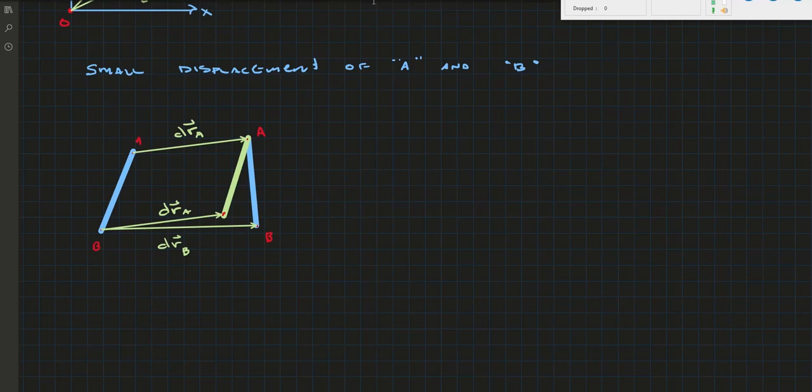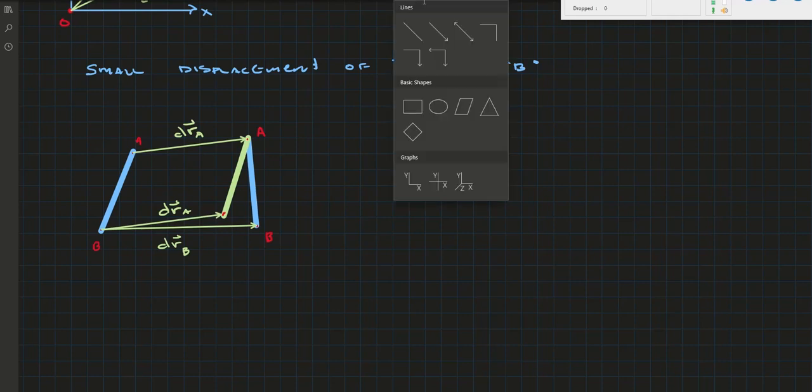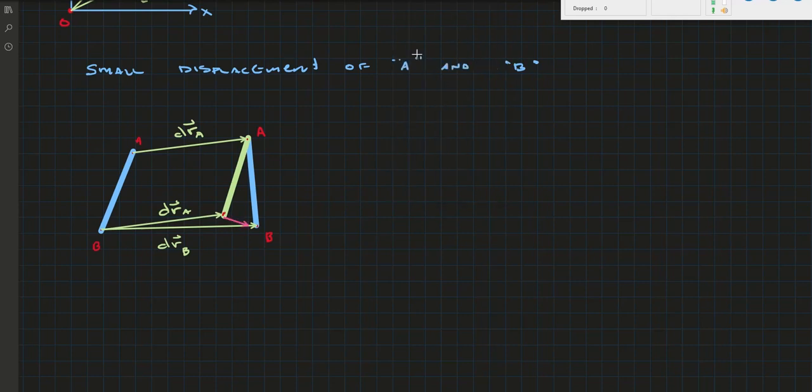Well, that means that this guy here, between these two, is a little differential R of B with respect to A. So you have to travel this to here and then down to here to get exactly where B is. So we can write that out as this relationship, which should be pretty intuitive at this point.